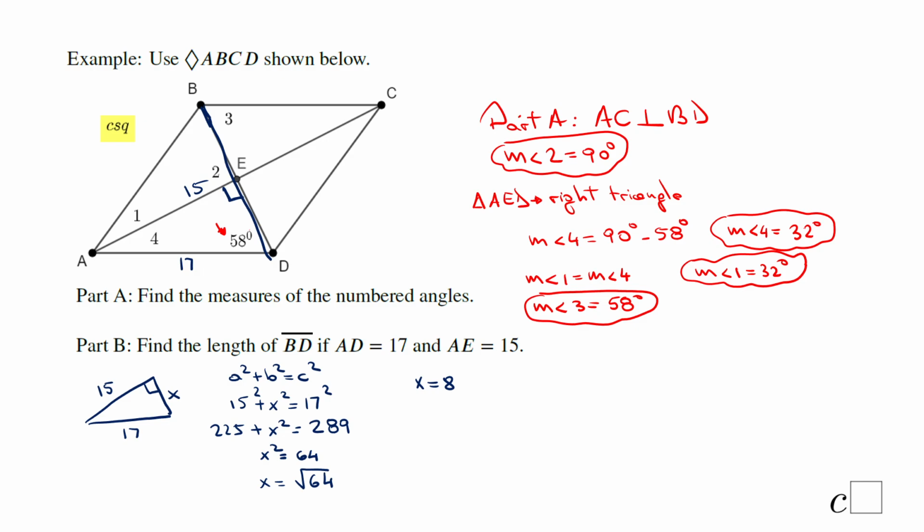So ED is 8. We have one more step to find BD. BD will be 2 times ED, 2 times 8. So BD will be 16. And that's it for this problem.